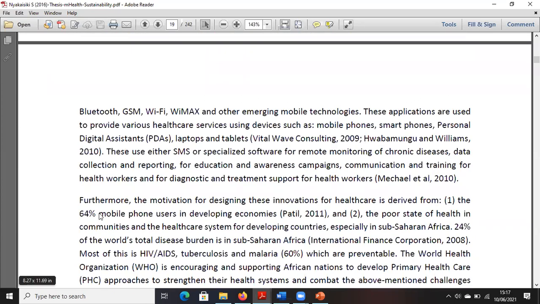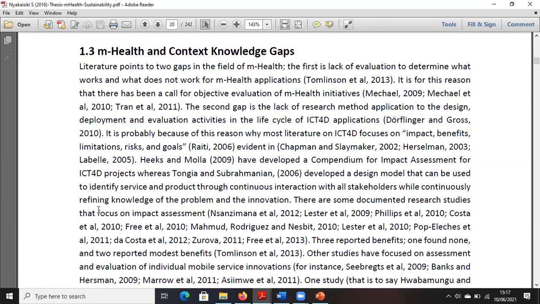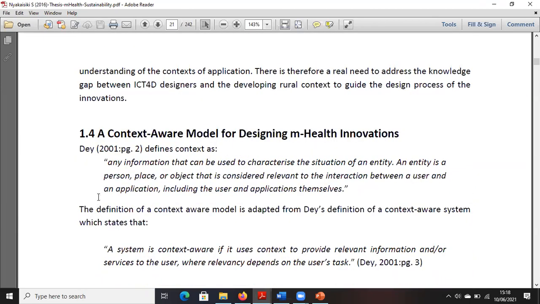Then in a different situation, it was something to do with context. Here I was defining what a context is, and I gave a direct quote. And then here I cite the particular author and I give the page because I'm giving a direct quote. If you're giving a direct quote, you even give the page number.